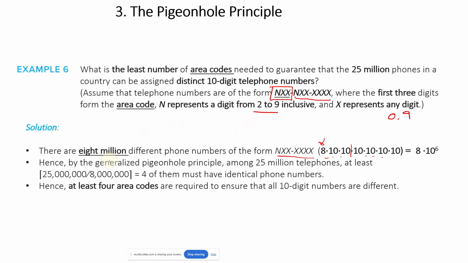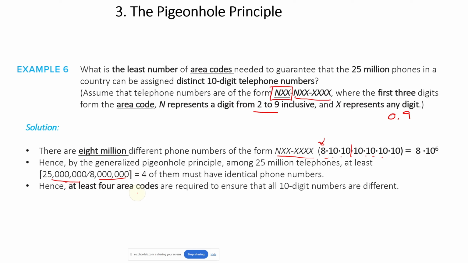Now, by the generalized pigeonhole principle, among 25 million telephones, at least we can have 25 million divided by 8 million. This gives us 25 divided by 8, and this is going to be with the ceiling. 8 times 3 is 24, so it's going to be 3 point something. So this is the ceiling, that means I get the next integer, which is 4.